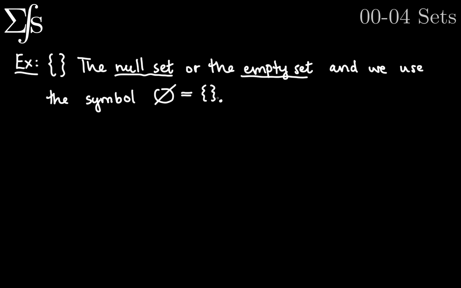And it's important to distinguish this from 0. So note, 0 is not the same thing as the null set. 0 is a number. So when we talk about 0, we say 5 minus 5 is equal to 0. We can say that the temperature outside is 0 degrees. We can say the, let's take a picture here.